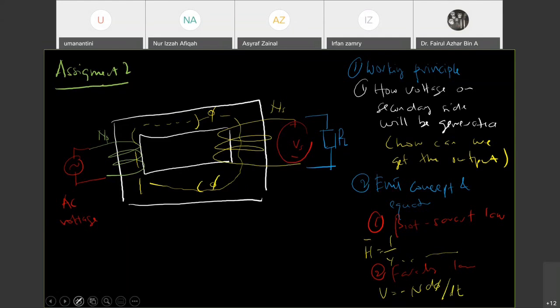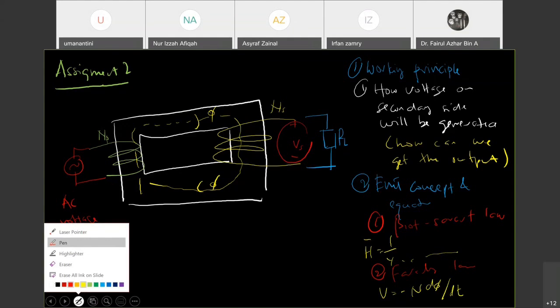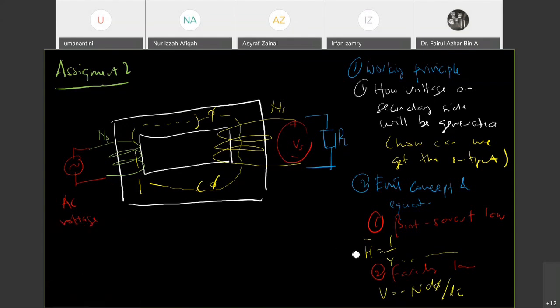From H you can find the B, and from B you can find the flux. The expression for the flux will be put inside this expression, then we can derive some value of potential difference here.